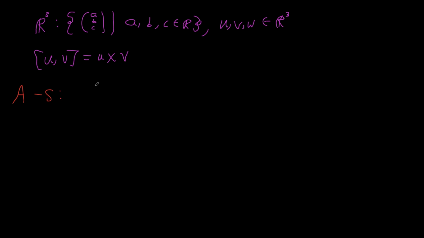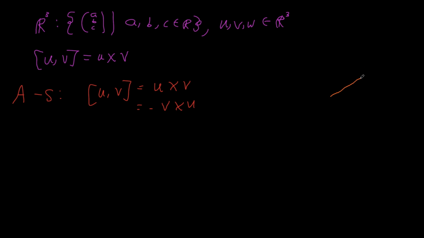Thankfully, this one's not too difficult because, as we're all aware, the cross product is already anti-symmetric. So if you cross the terms over, V cross U, you get the negative. You can understand that by the right-hand rule.